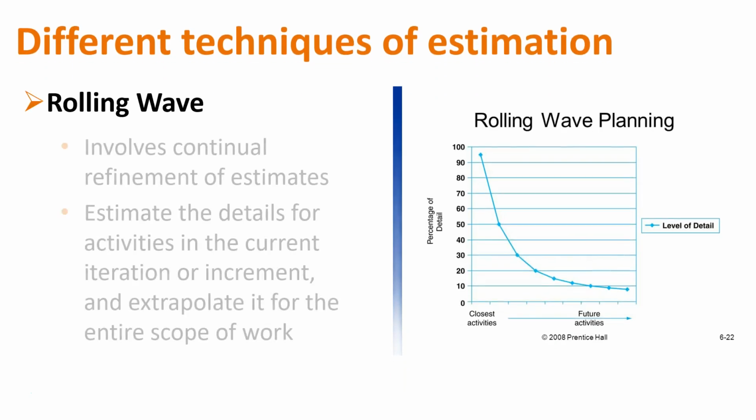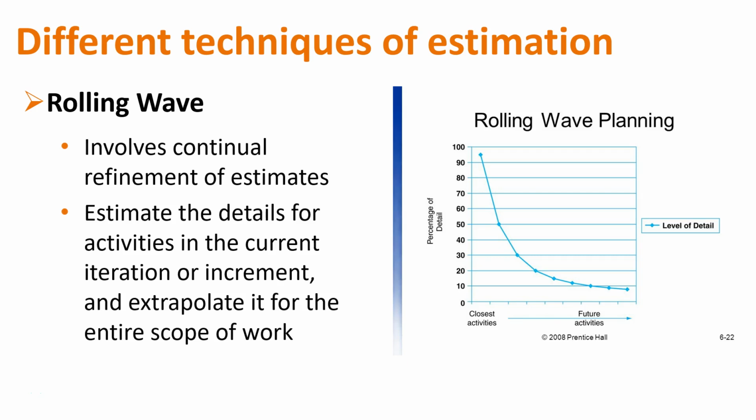Another one is rolling wave. This is the closest thing you will see in this slide deck, and I'll show you cone of uncertainty in a minute, because cone of uncertainty is an excellent approach to getting the range, because this doesn't give you an idea of what it looks like to give the range. But what you do is in the very, very beginning, when you have very little detail, when you're trying to think further out, the further out you're trying to plan, the less detail you have.